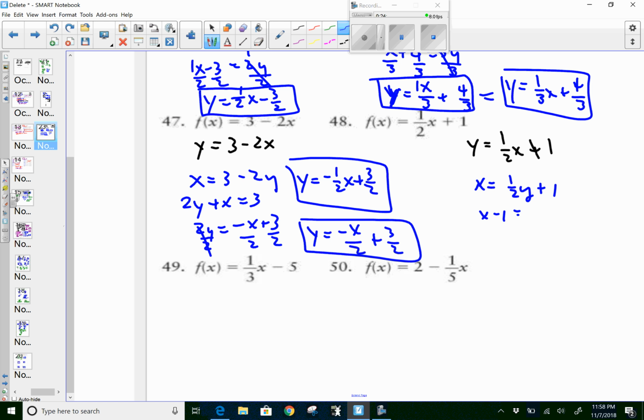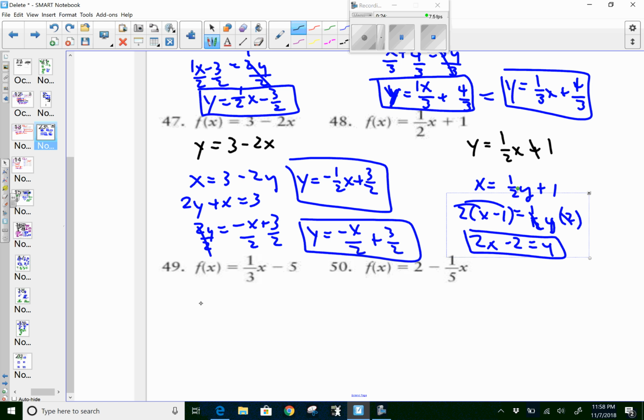So x minus 1 is equal to 1 half y. To get the y by itself, I want to multiply by 2. Don't forget to do distributive property. So 2x minus 2 is equal to, this cancels out, is equal to y. Boom. All right, on a roll.